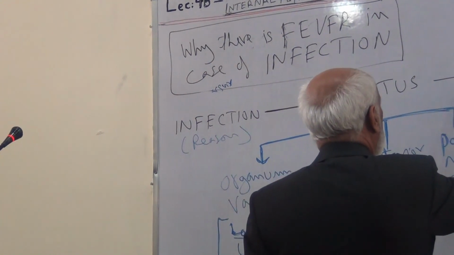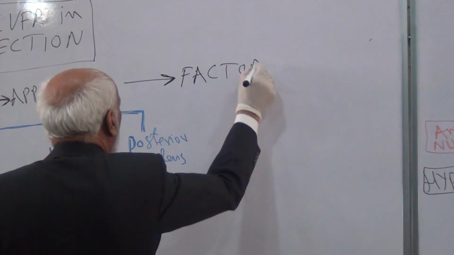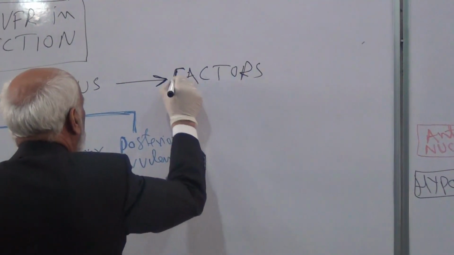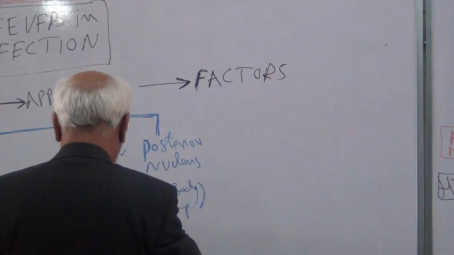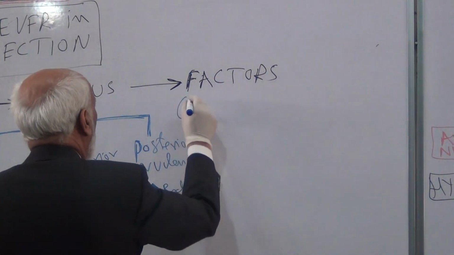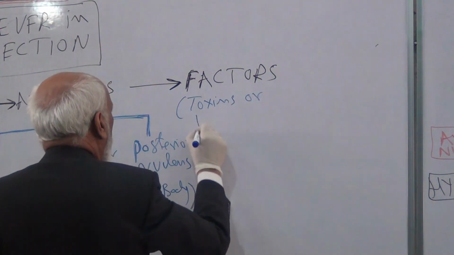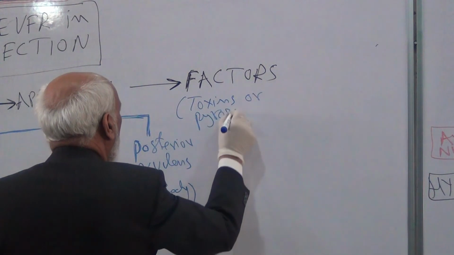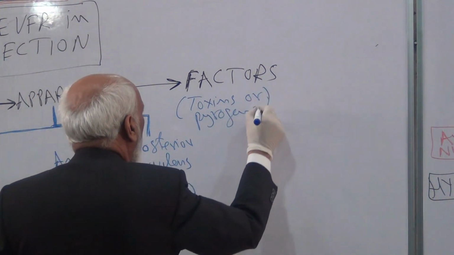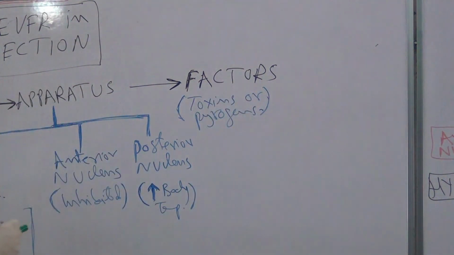So, what are the factors involved here? Toxins, or pathogens, which inhibit the anterior nucleus.